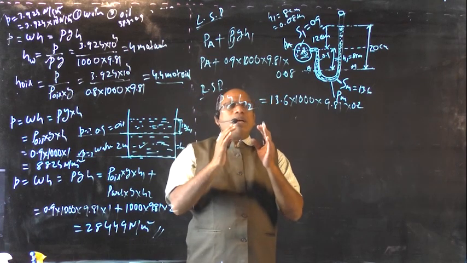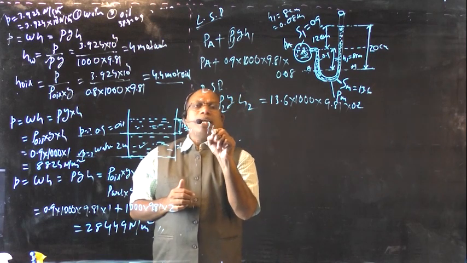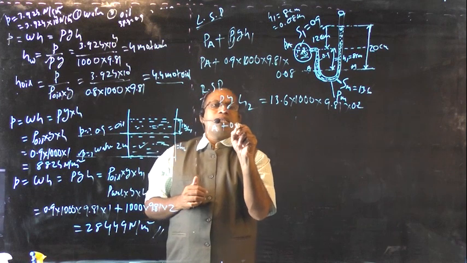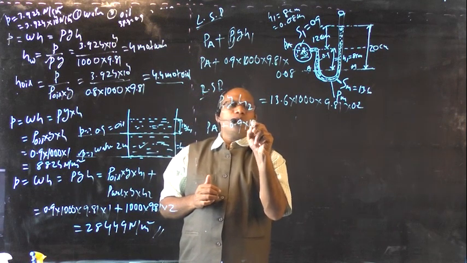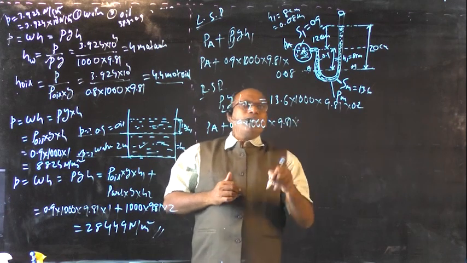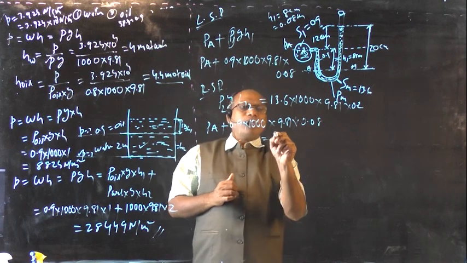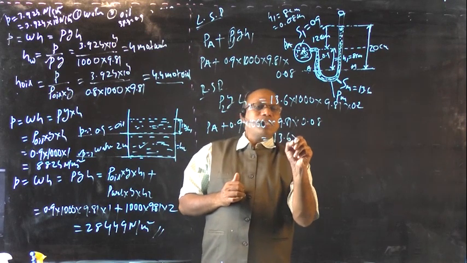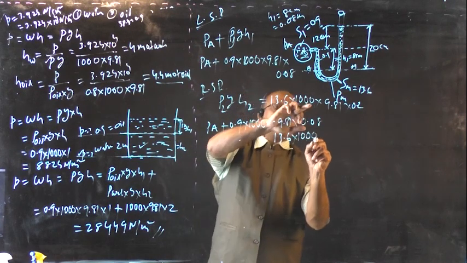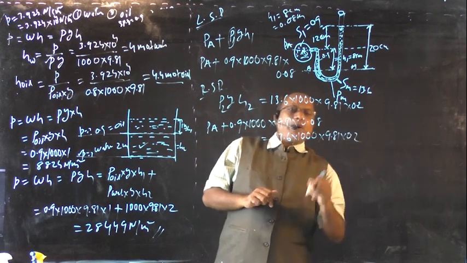Equating these two for the equilibrium condition, PA plus 0.9 into 1000 into 9.81 into 0.08 is equal to 13.6 into 1000 into 9.81 into 0.2.